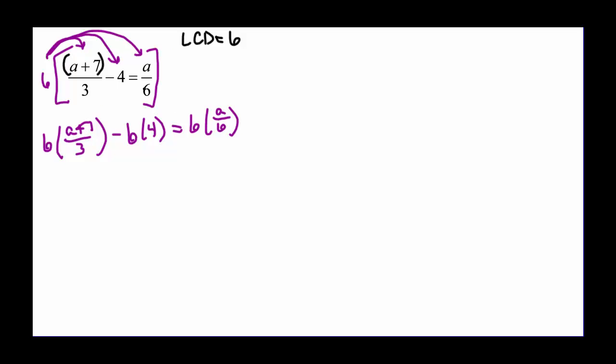Well, 3 goes into 6 twice. So I'm going to have 2 times a plus 7. And negative 6 times 4 is going to be a negative 24.